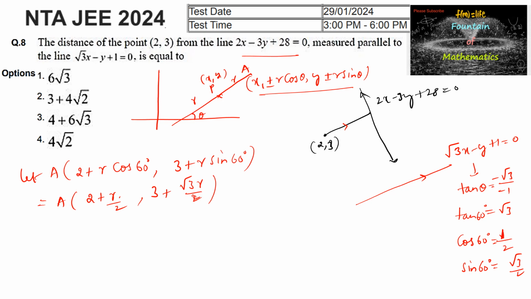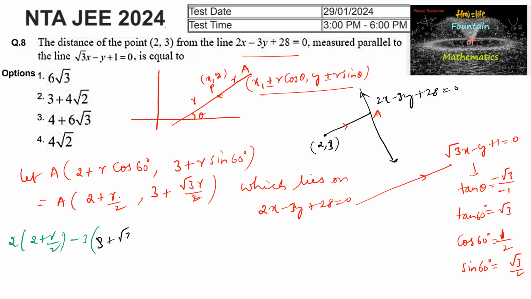and this point is lying on the line 2x minus 3y plus 28 is equal to 0. So let us substitute: 2 times (2 plus r upon 2) minus 3 times (3 plus root 3 by 2 r) plus 28 is equal to 0.